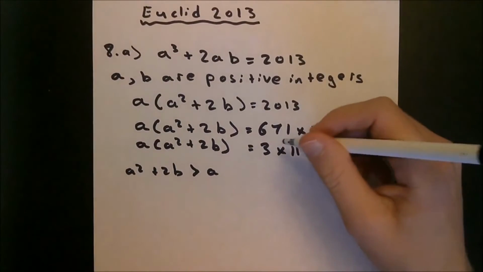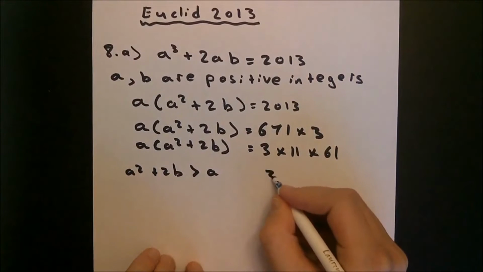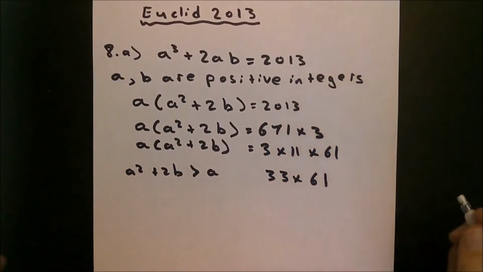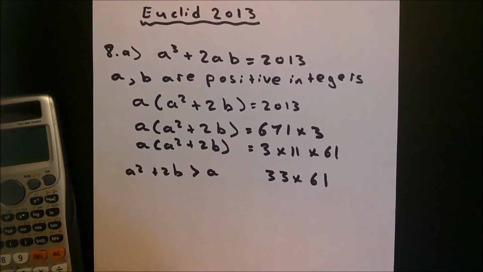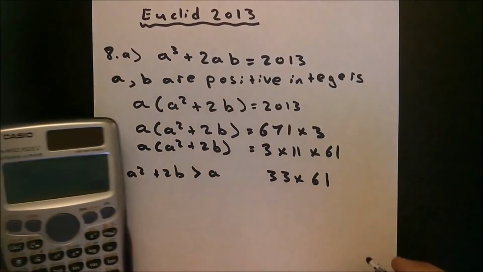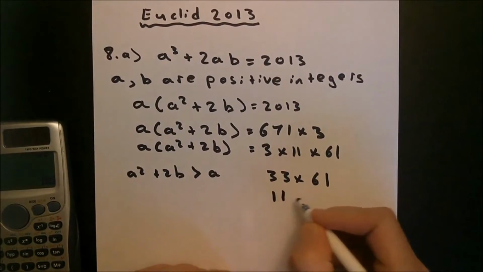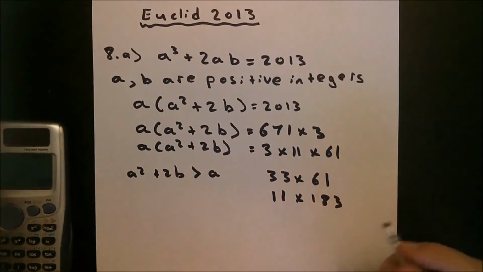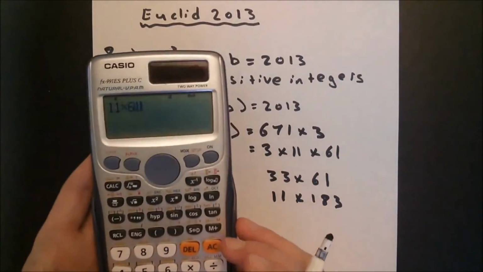So if we do 3 times 11 first, we can have 33 times 61. If we do 3 times 61, if we put those together, we get 183. So we can have 11 times 183. What if we do 11 times 61?